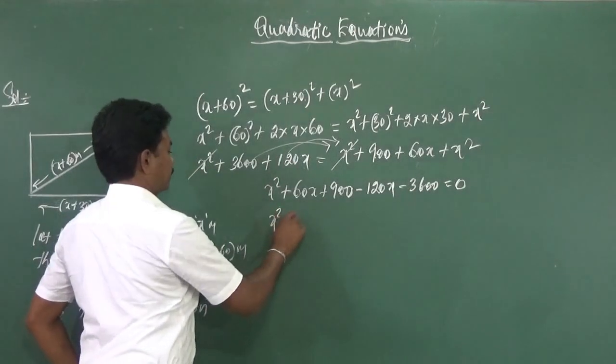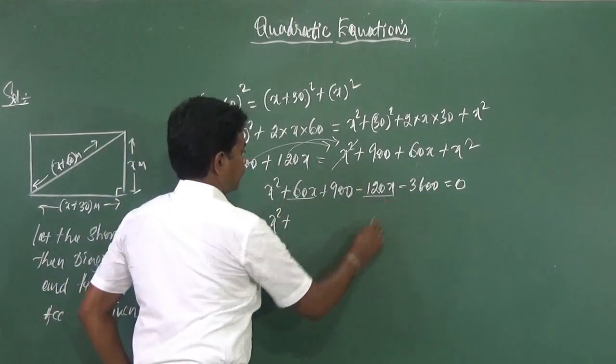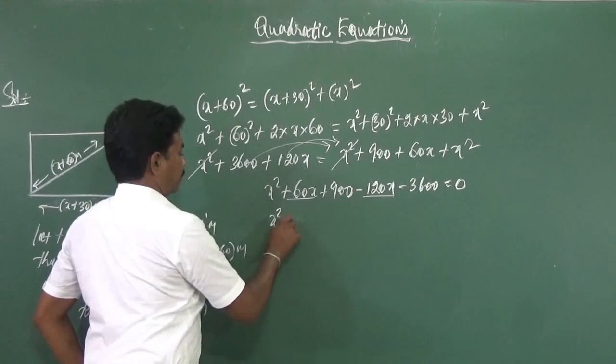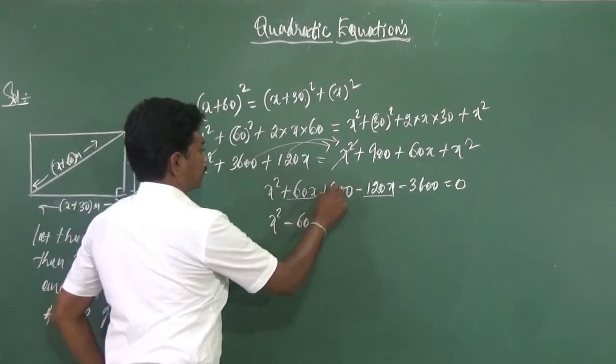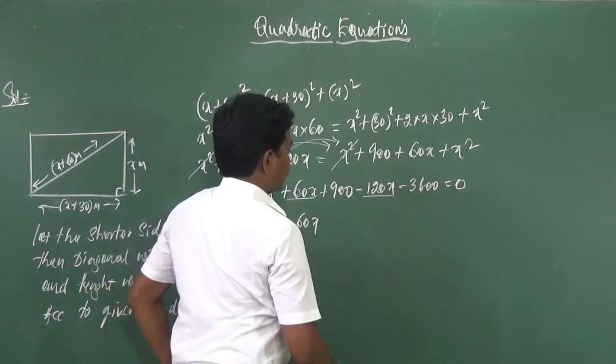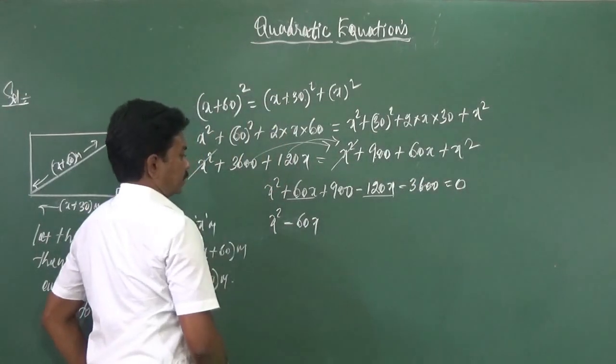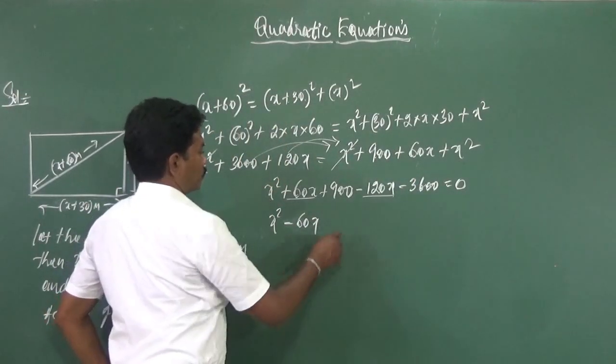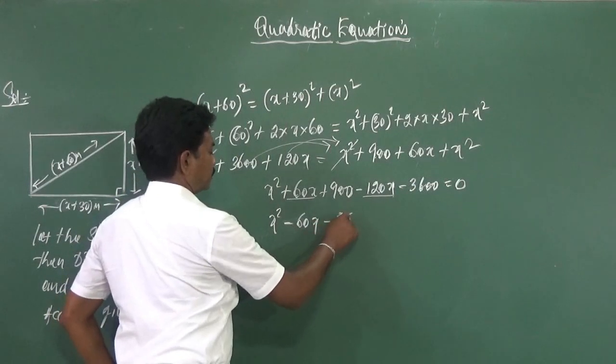So x square plus 60x minus 120x is minus 60x, plus 900 minus 3600 is minus 2700.